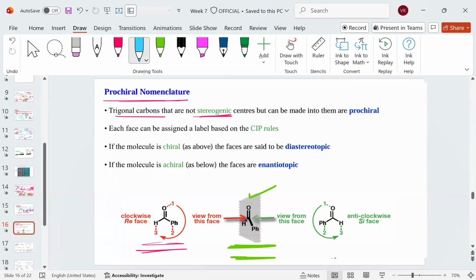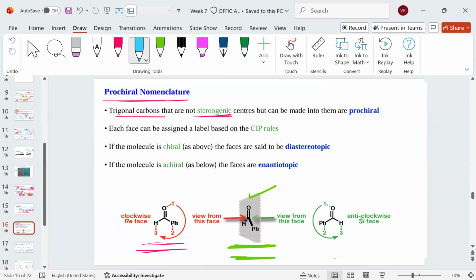This type of nomenclature is generally used for these molecules. If you give the numbering, the oxygen gets number one, the phenyl gets number two, and the hydrogen gets number three. So this is the Re face when we are viewing the molecule from the top side.